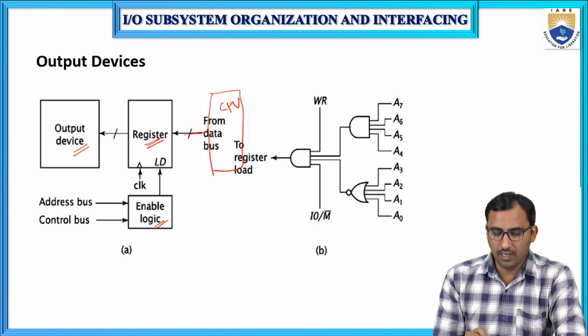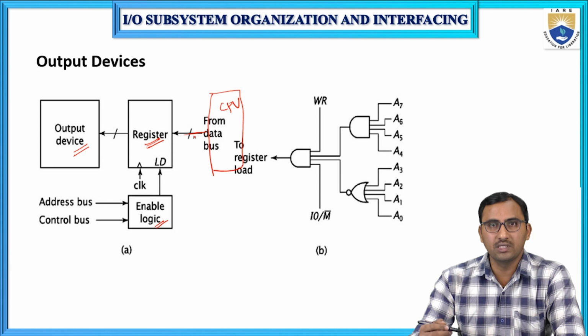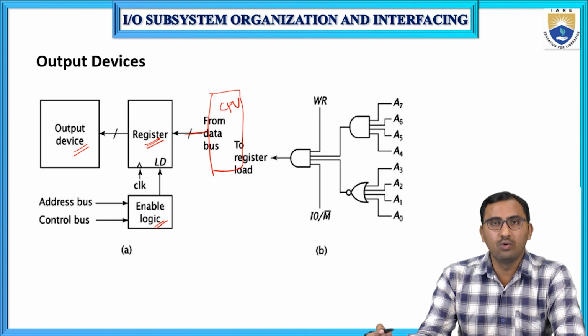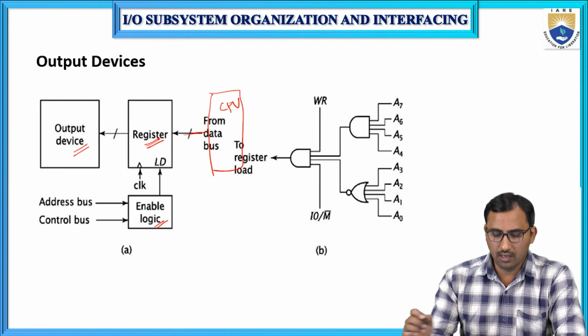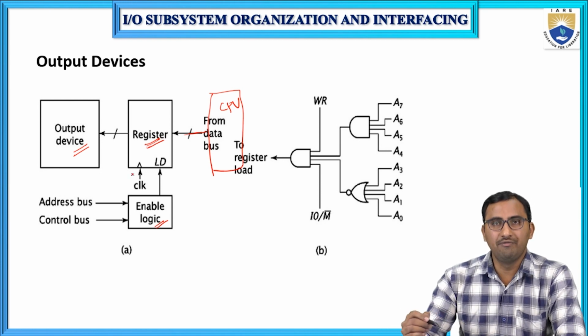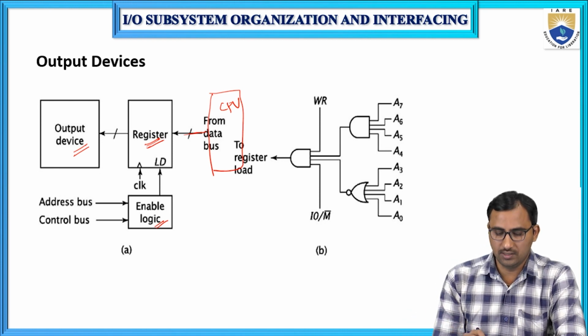But here we are using a register, because suppose the CPU sends the data into the buffer, and the data present in the buffer is not read by the output device, we will lose the data. That's why the previous buffers are replaced with registers.